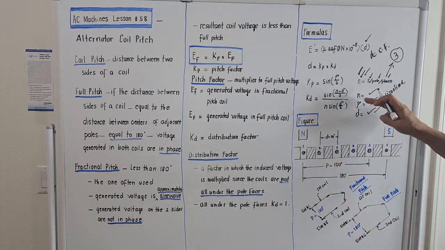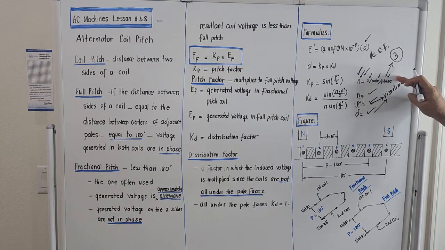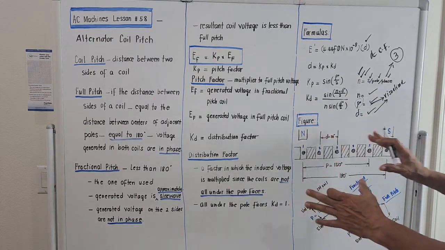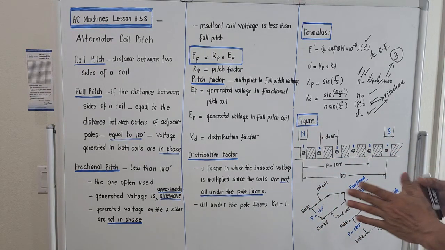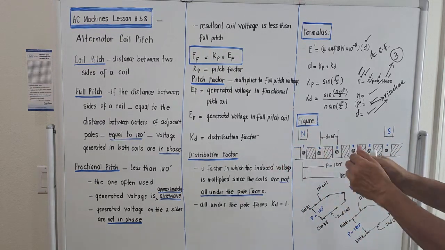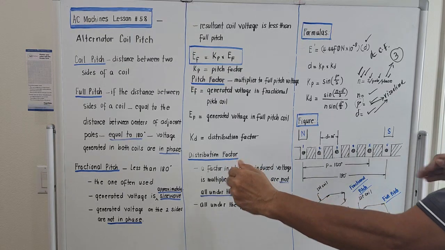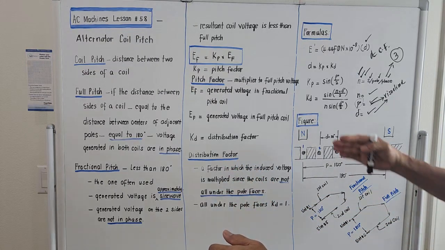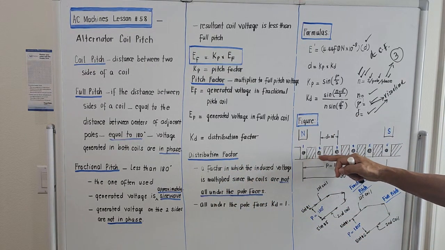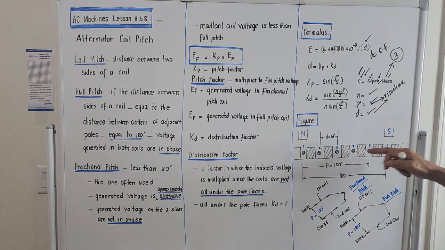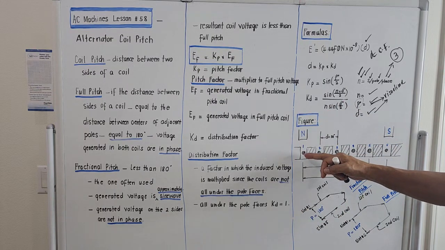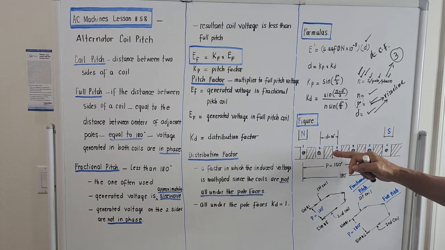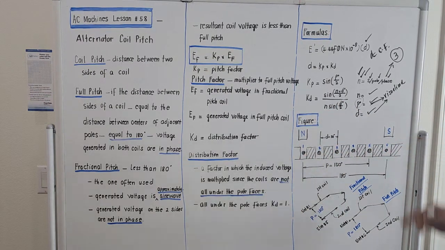To visualize P degree and d degree, we bring out the spread out. It seems we cut an alternator and spread it out, showing the front view with tooth, slot, tooth, slot, and just a single conductor on the slots. So this is a conductor, a conductor, a conductor, and so on.